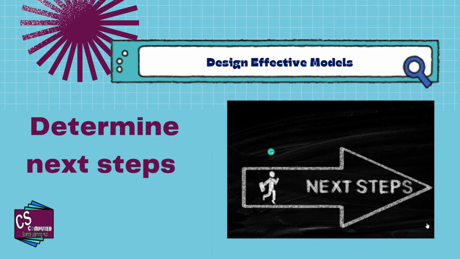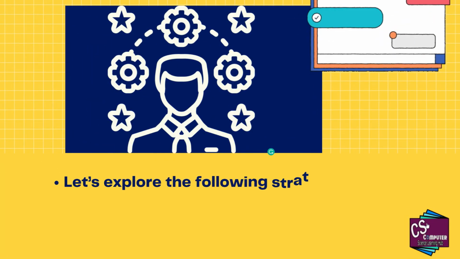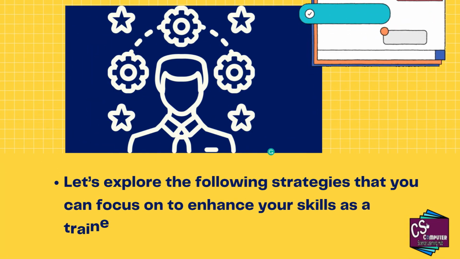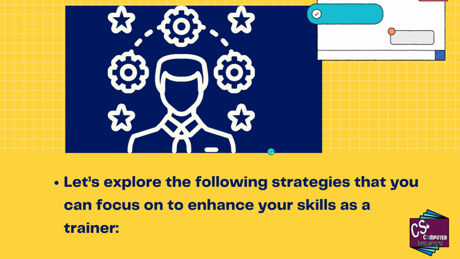After you sit with the teacher after the lesson, now you need to discuss the next step, to measure students' success and set new goals based on the data you have seen and that you will see next time. So let's explore the following strategies that you can focus on to enhance your skills as a trainer.